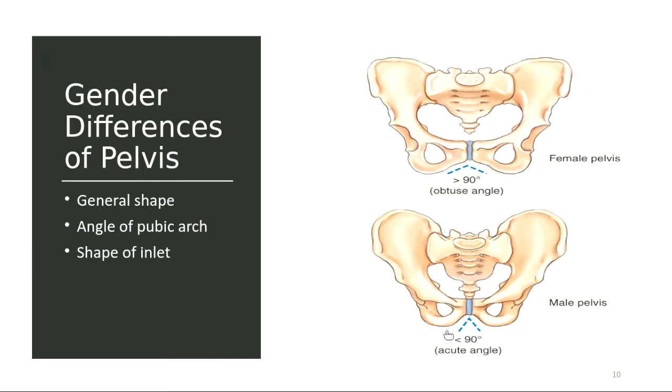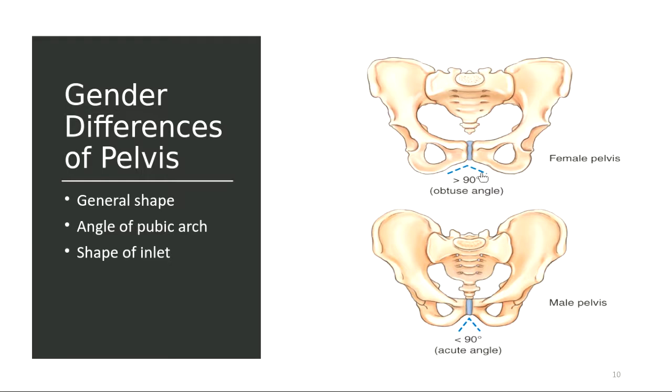Okay, so you're looking right here, the angle of this tends to be more acute in a male versus a female. And the shape of the inlet, we talked about the angle of the pubic arch and then the general shape. When we look at the shape of the inlet, typically, again, it's narrower. The male pelvis tends to have an oval or a heart shape compared to the female.